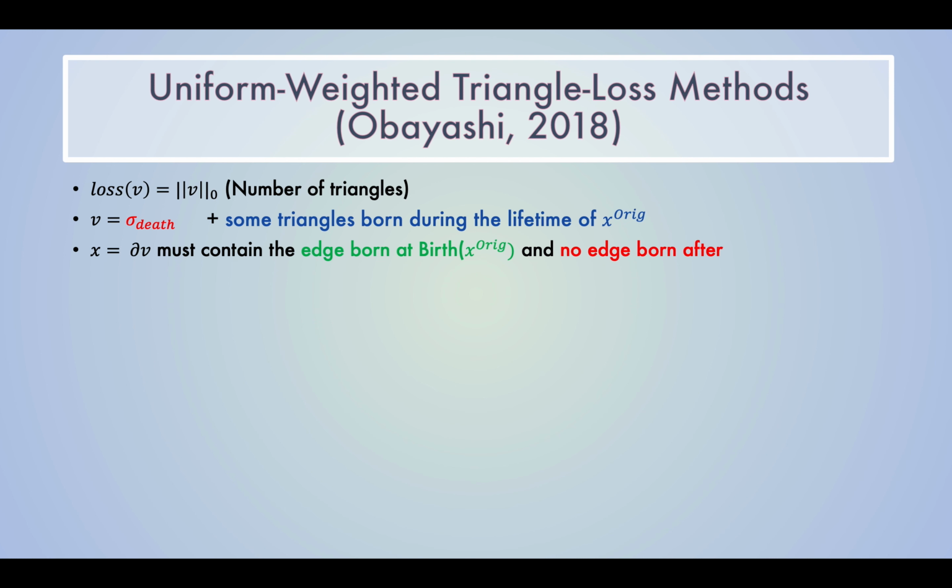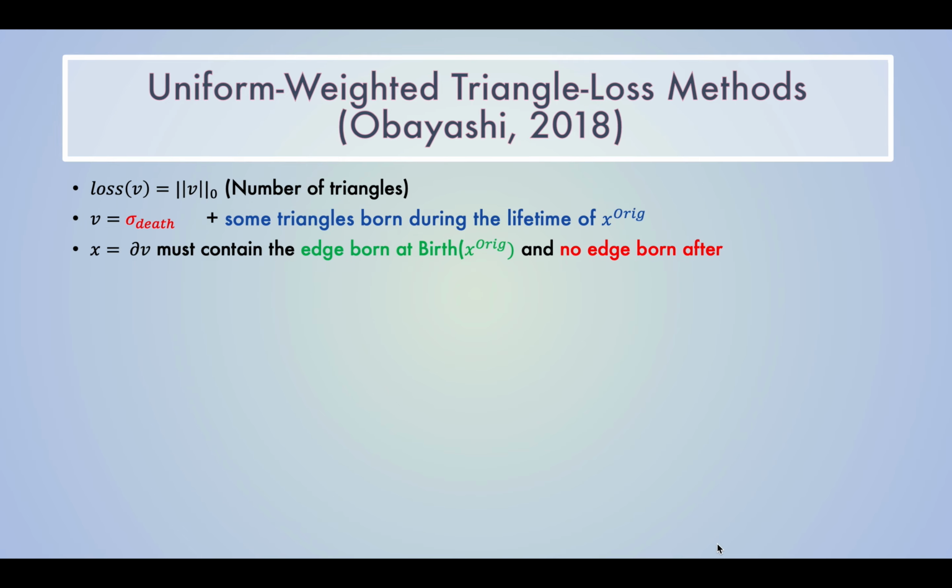The optimal volume must include the edge born at the death time of the cycle, denoted as sigma death, and some triangles born during the lifetime of the original cycle. In addition, the optimal cycle, which is the boundary of the optimal volume, must contain the edge born at birth time and no edge born after.